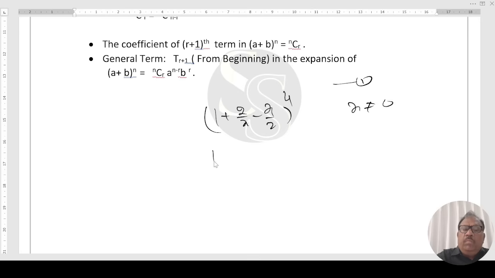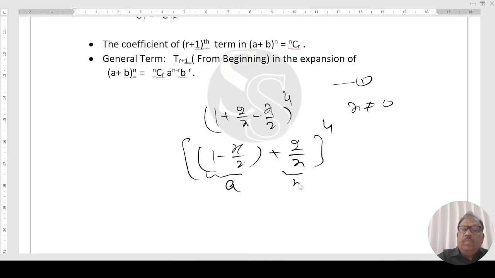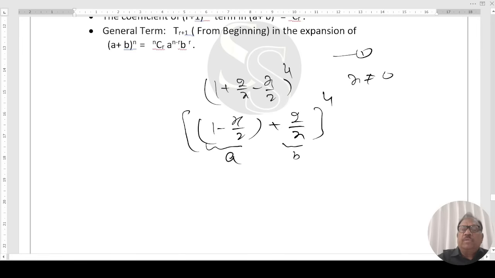Regrouping, we get (1 - x/2 + 2/x)^4. We have considered this as a and this as b.